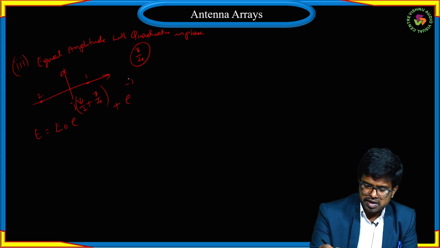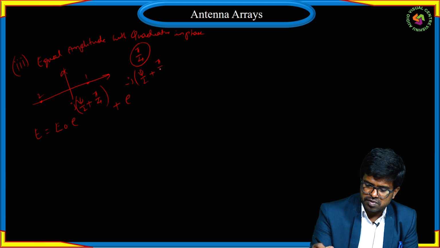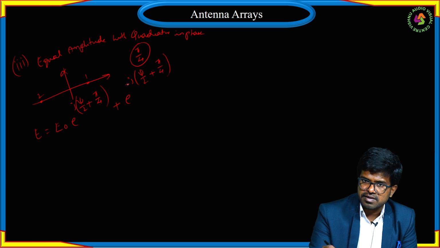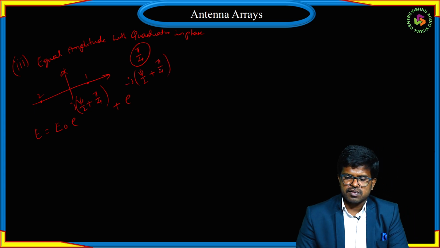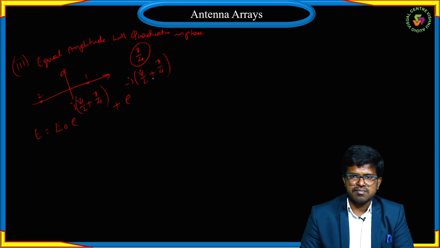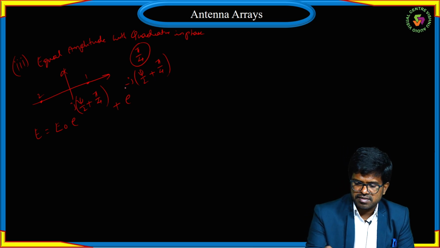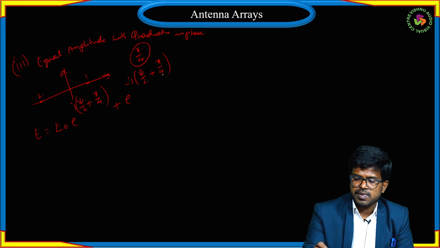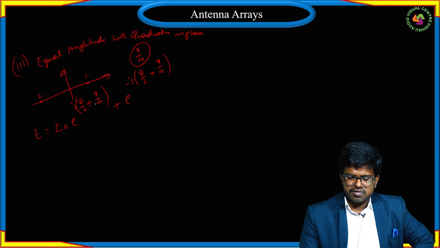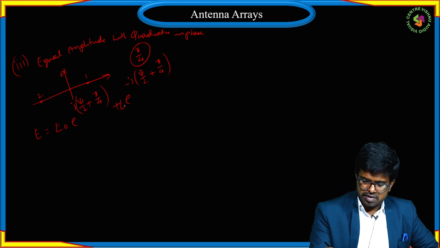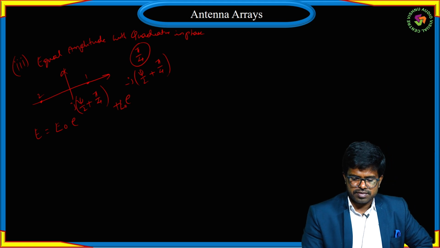And then e power minus j psi by 2 plus pi by 4. Here anyway minus is added already, so no need to take minus here. So this is minus pi by 4, it is plus pi by 4. Then the resultant equation will come like this. Here E naught will come because of same amplitude.